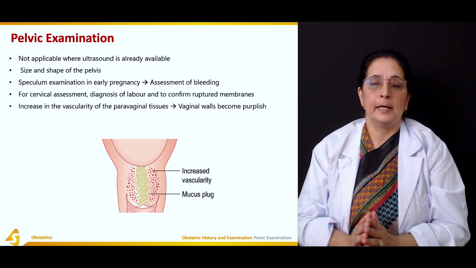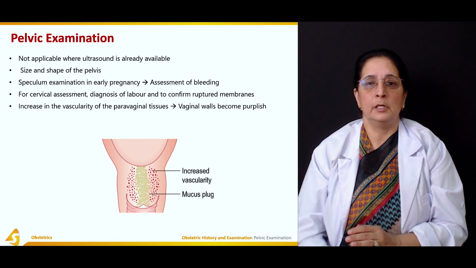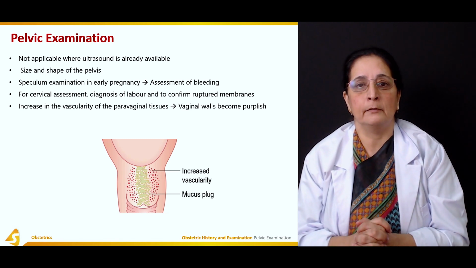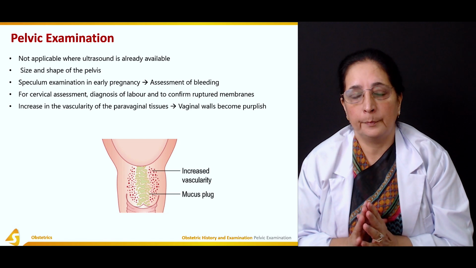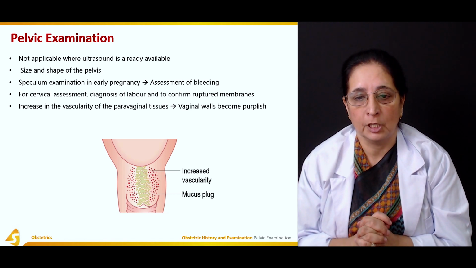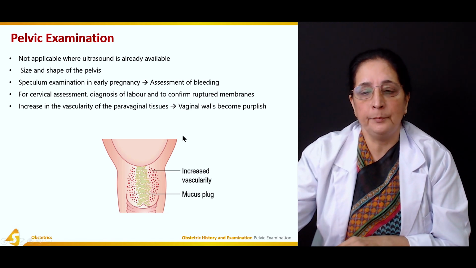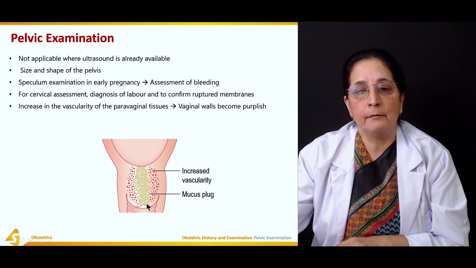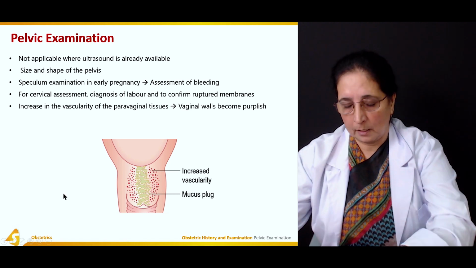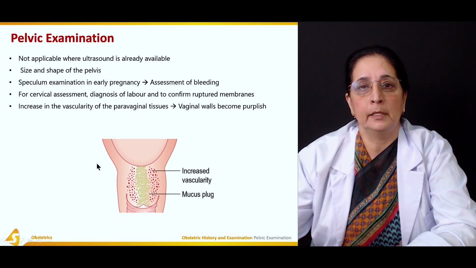In early pregnancy, when vascular changes occur in the cervix, usually the cervix becomes purplish or reddish. And there is an increase in mucus secretion, an increase in mucus plug, and these are the changes in the cervix due to increased vascularity or vascular changes during pregnancy.